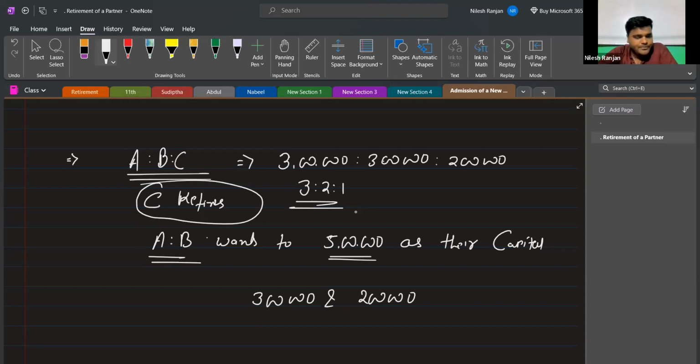After that, you will compare this adjusted capital with the new capital. If the adjusted capital is more than the new capital, then the partner will withdraw cash from the business.